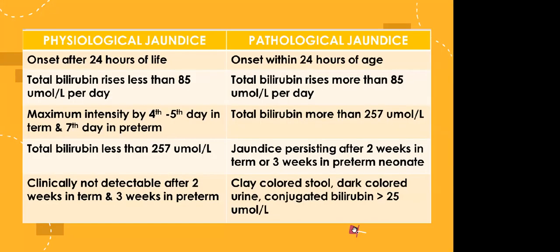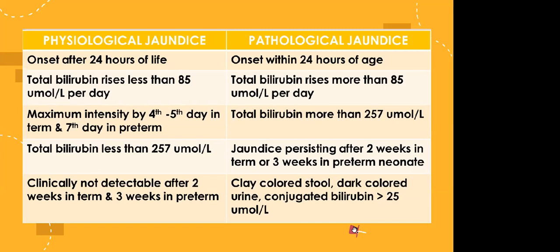Physiological jaundice is jaundice that occurs after 24 hours of life, while pathological jaundice usually occurs within 24 hours of age. In physiological jaundice, the total bilirubin rises less than 85 micromole per liter per day, and in pathological jaundice, the rise is more than 85 micromole per liter per day.